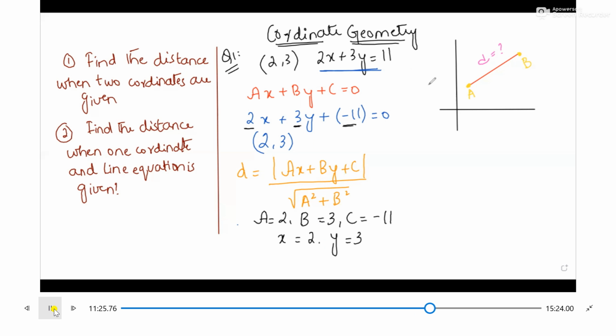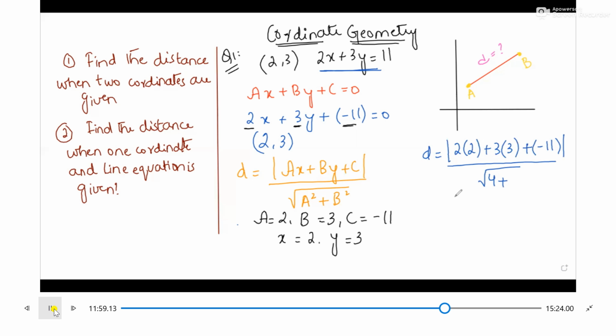To solve the question, just simply substitute these values in the given formula. Modulus of the value of a, 2, times the value of x, also 2, plus the value of b, 3, times the value of y, also 3, plus the value of c, -11, modulus close, divided by the square root of a square, 2 square is 4, plus b square, 3 square is 9.